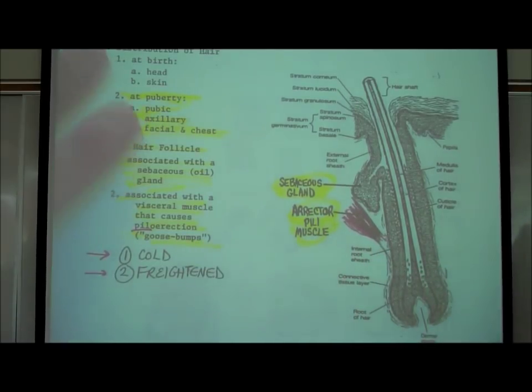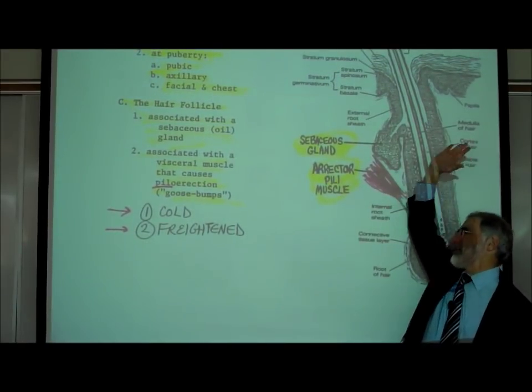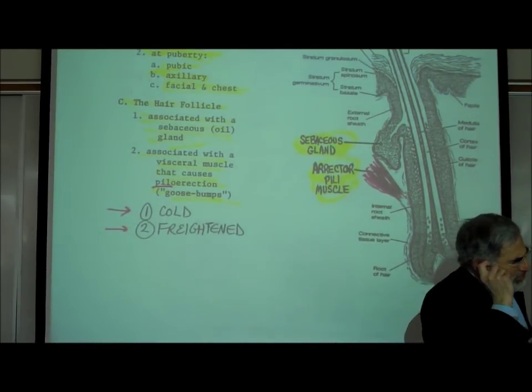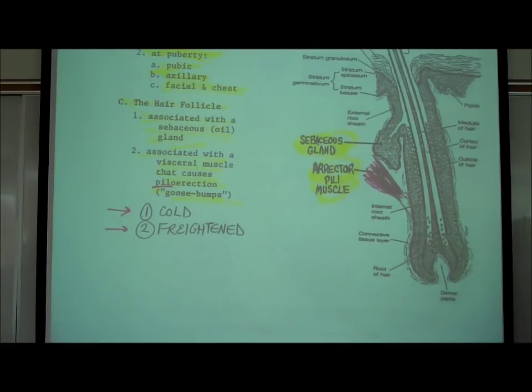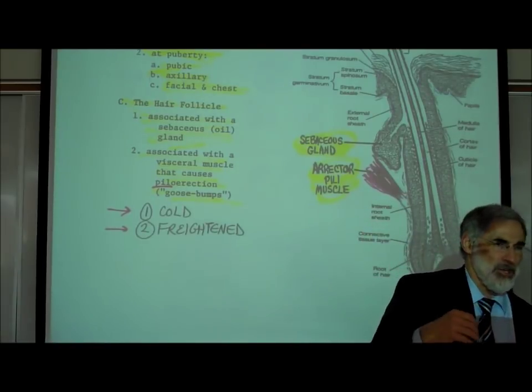Now, the two common things that will cause the arrector pili muscle to contract, causing our hairs to stand upright, are cold and fright. The only explanation I can offer for this is what evolutionary biologists would describe. So here's what they would say. Let's talk about a cat for a moment rather than a human.